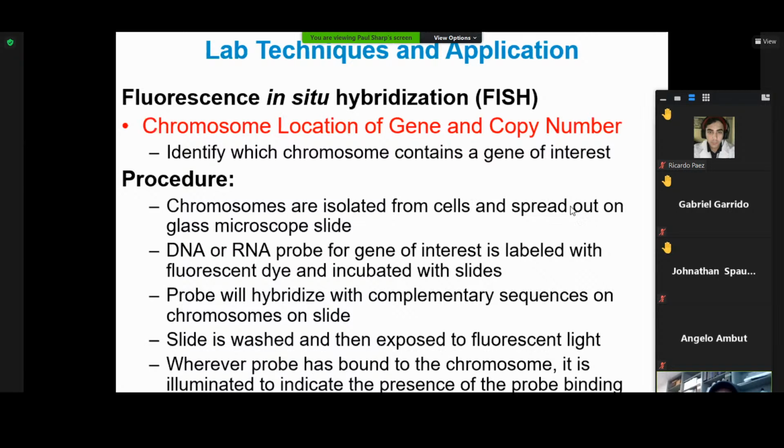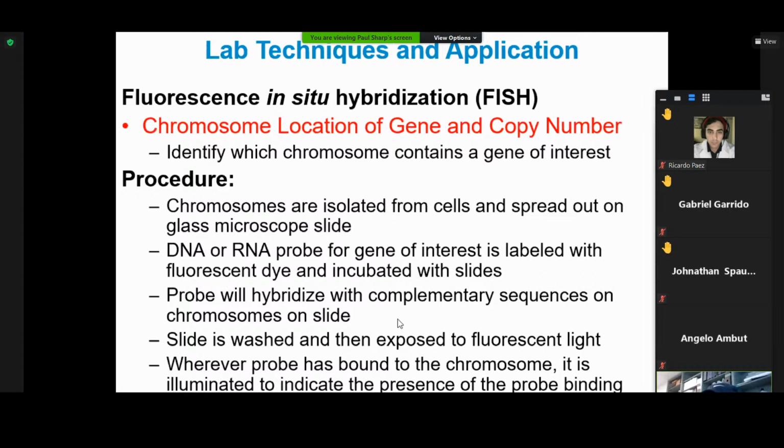So this is how it works. Chromosomes are isolated from cells, and you spread them out on a glass microscope slide. At that point, you denature the double-stranded DNA, because that's how our probe, a single-stranded oligo, is going to be able to bind to that target DNA. You can use either a DNA or RNA probe for a gene of interest that is labeled with a fluorescent dye, and you incubate it with the slides.